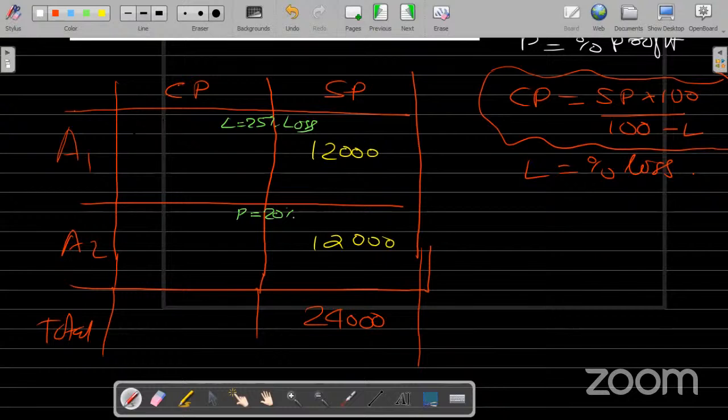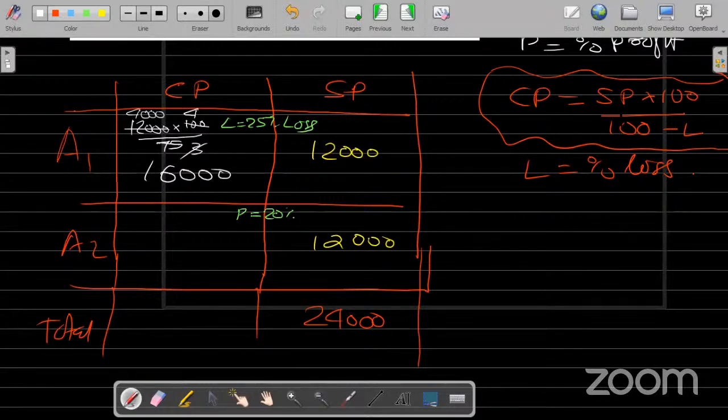Cost price of the first one will be SP, 12,000, into 100 by 100 minus L. 100 minus 25 is 75. I'll get 4,000 here. 4,000 into 4, 16,000 was the cost price of the first one.